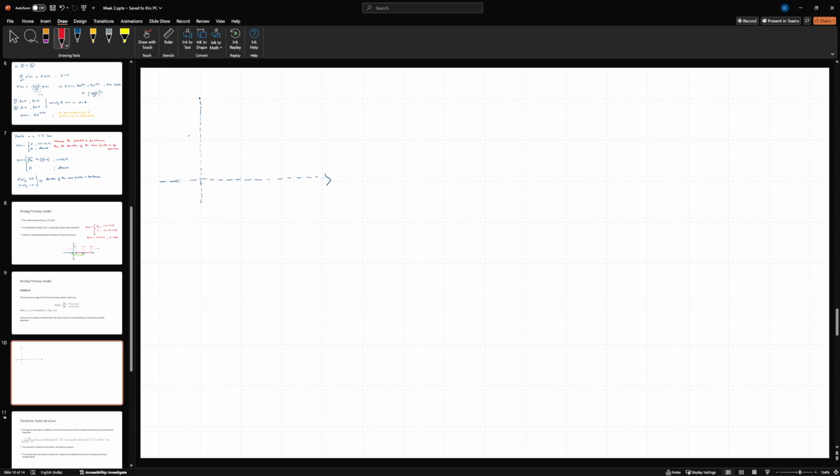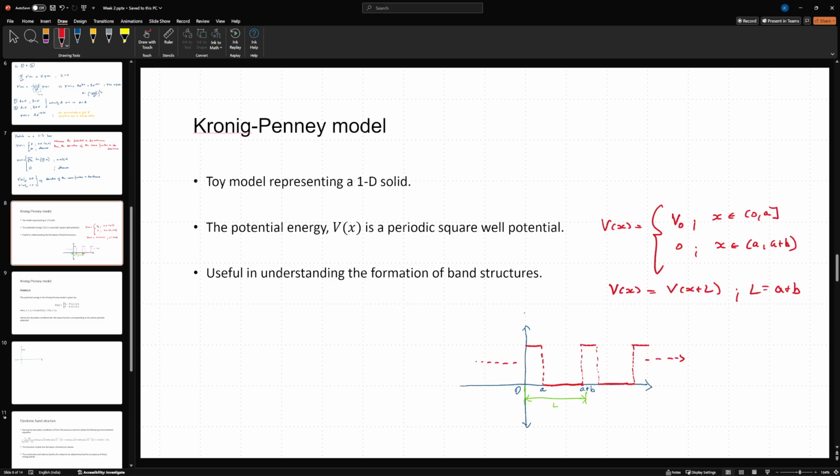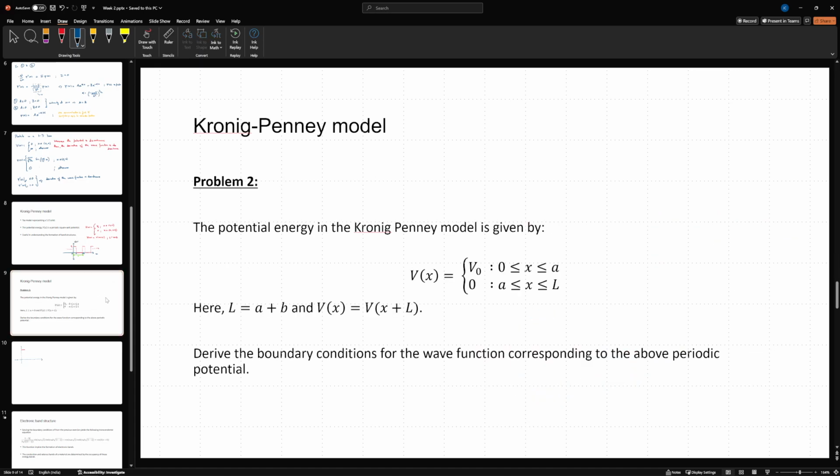Then we have V naught over here. Let me also write that, V naught over here. And the axes need to be labeled, so x and V of x.